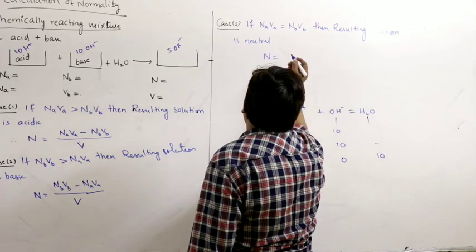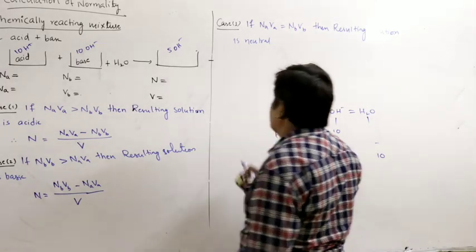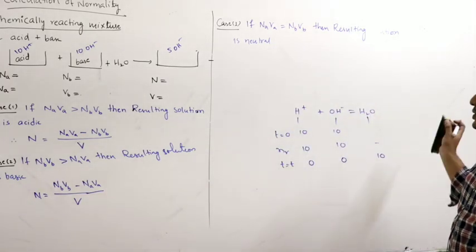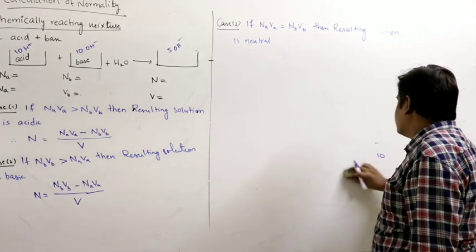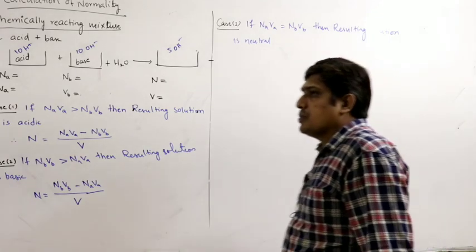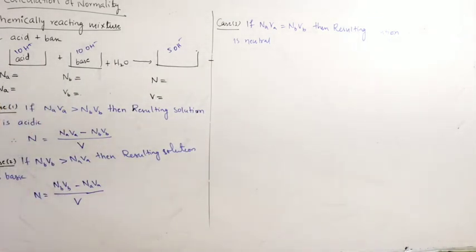Therefore the normality is that of water. We will see how to find the molarity of water. So this is how you have to find the normality of a chemically reacting mixture.